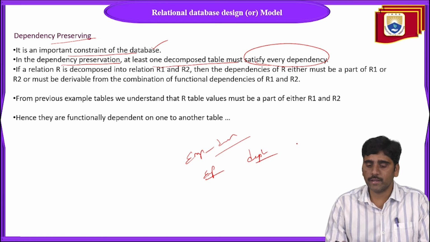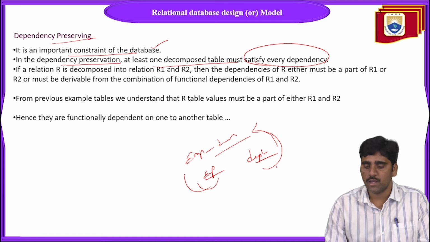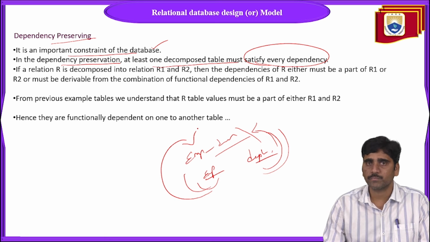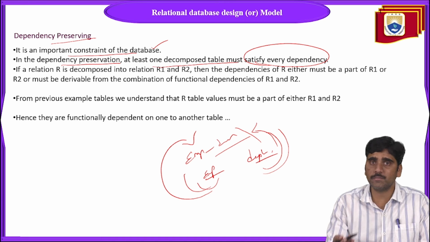So at least one decomposed table, either the employee table or the department table, must satisfy every dependency of these columns. So department table columns or employee table columns can have a dependency on this employee underscore department table. That is nothing but dependency preserving.